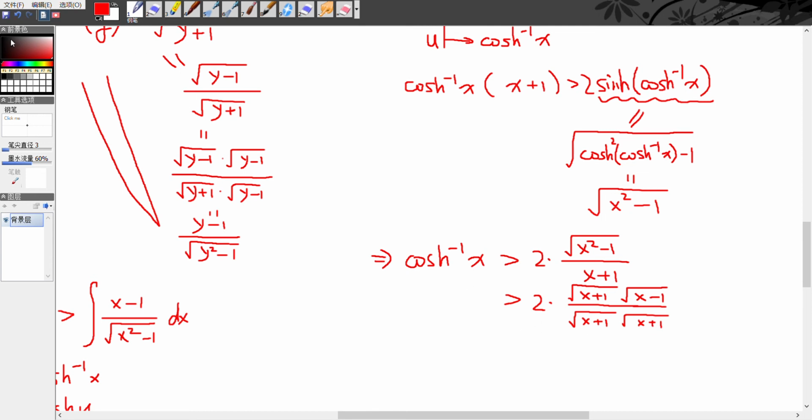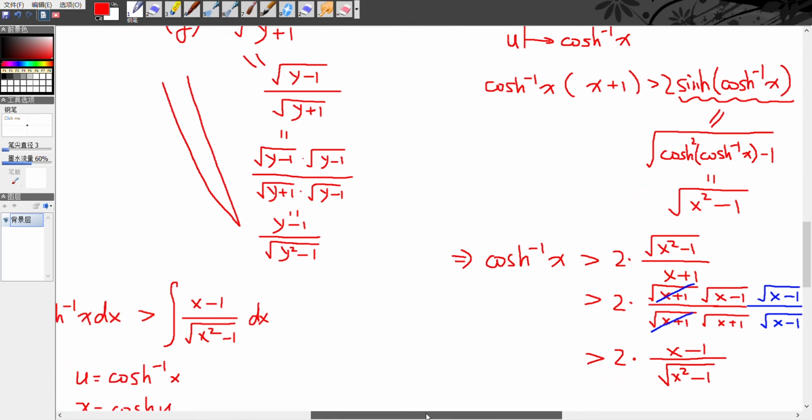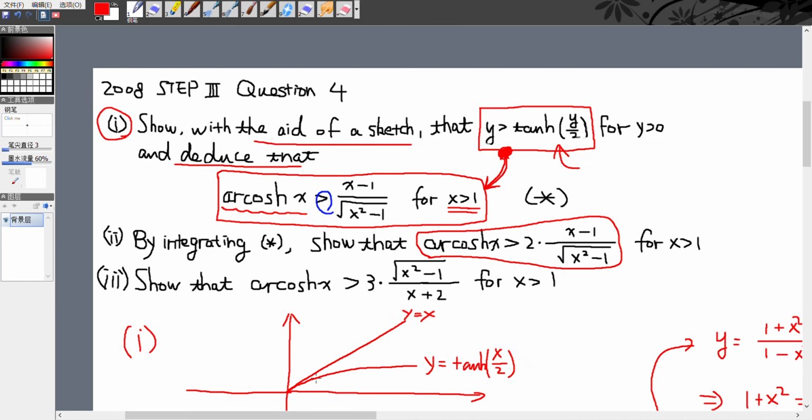And now those two square roots are cancelled, and now if we multiply by the square root of x minus 1 on both numerator and denominator, we will have our right hand side equal to 2 times x minus 1 over the square root of x squared minus 1. And this is our goal. So second question is completed.